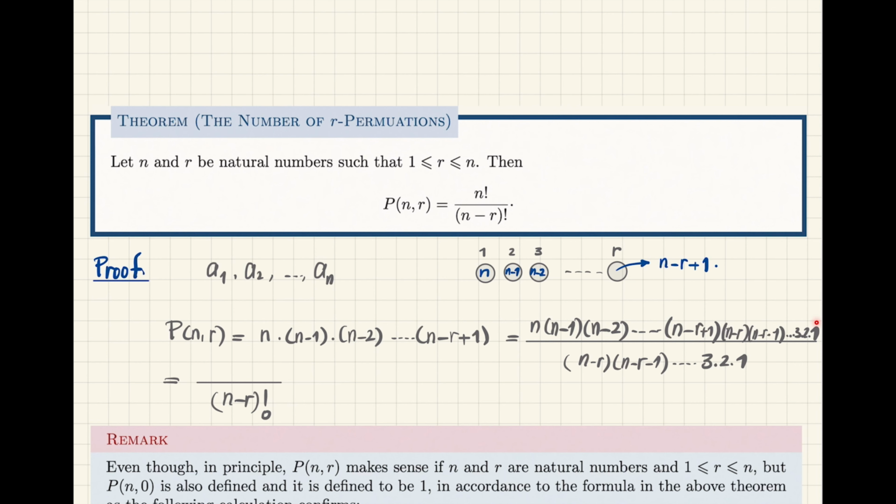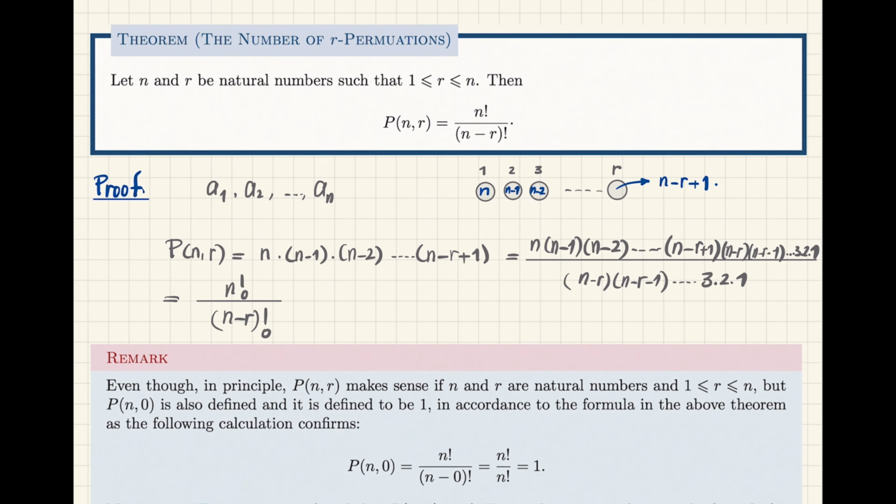The numerator is the product of consecutive integers starting from 1 going up 1 by 1 until I reach n. And that is n factorial. And that is the compact formula that you have in this theorem. Is that understandable? Okay, good. So this is a very important formula.